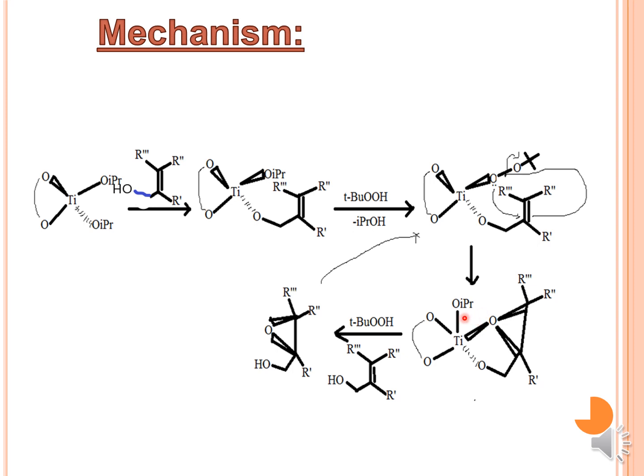Just you will end up with this moiety. Here there should be a plus charge, because the oxygen has a plus charge. When this neutralizes, there is a cleavage of this bond, resulting in the O minus, which will abstract your H plus, and you will end up with the epoxide formation, which is your major product.